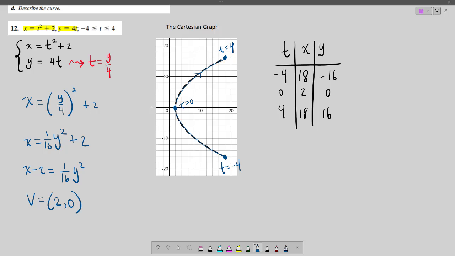Put some orientation arrows, the direction of increasing t. There's our parametric curve. A parametric curve includes the curve and the orientation, and if we have a bounded domain, then we should have dots at the endpoints. So that is our parametric curve.